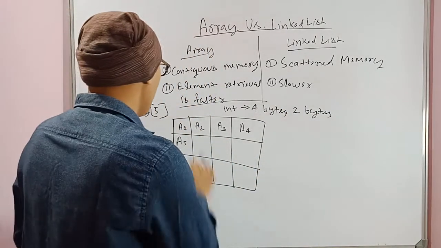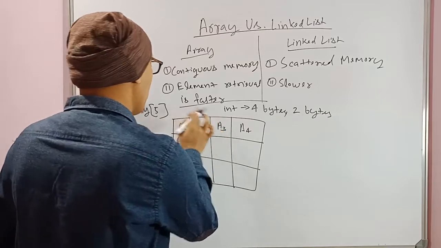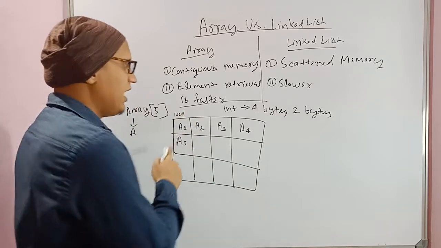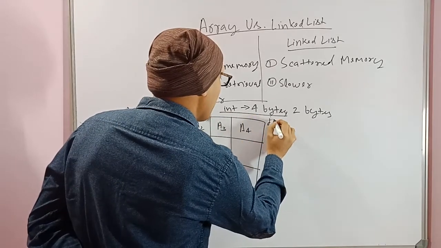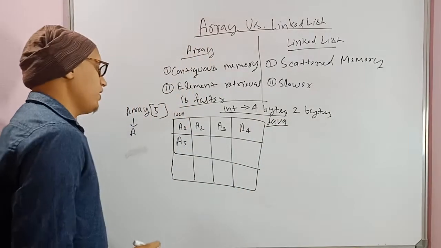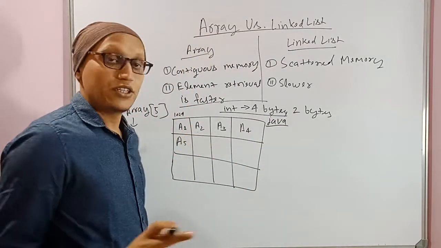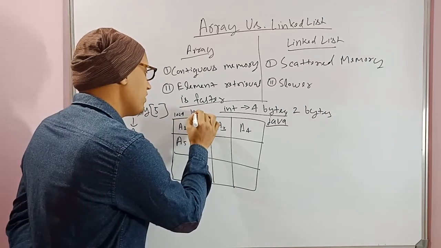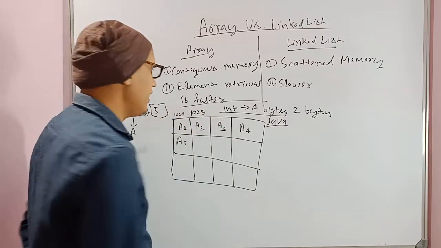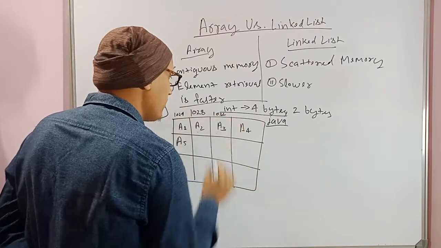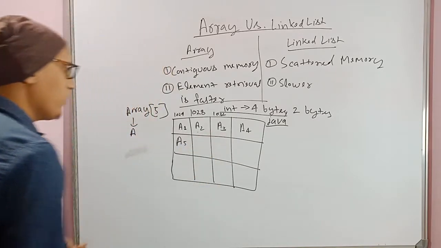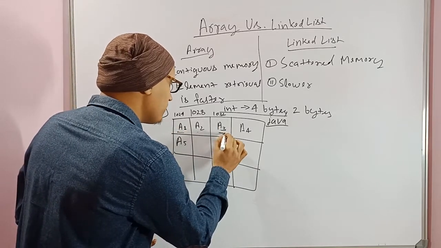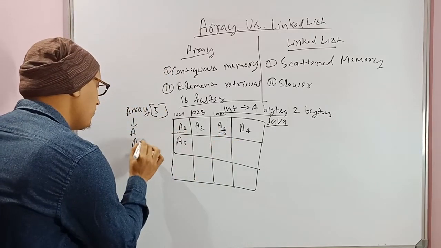Now, suppose the first memory address is 1024, and if we are considering Java, definitely the next element is stored 4 bytes later. So the next memory location is 1028, and the next memory location is 1032.